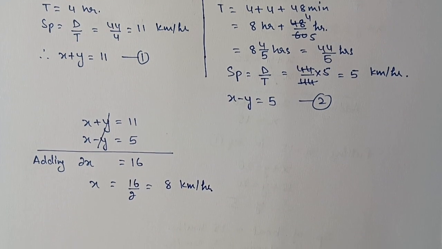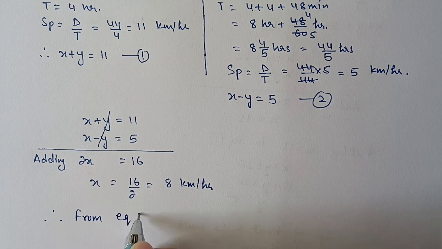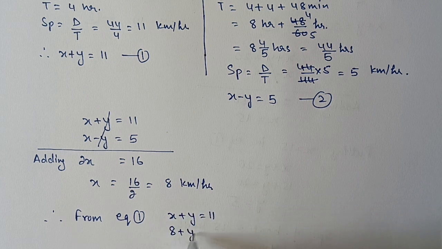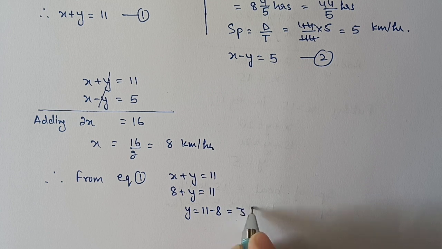Now this x value we can substitute in any one equation. Therefore from equation 1, x plus y is equal to 11, 8 plus y is equal to 11. So y is equal to 11 minus 8, 3 kilometer per hour.